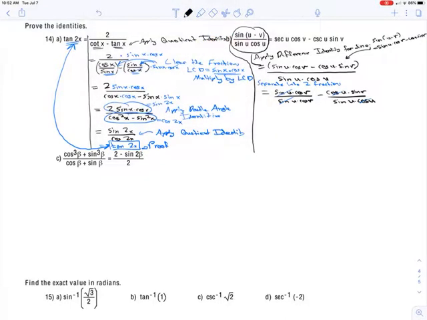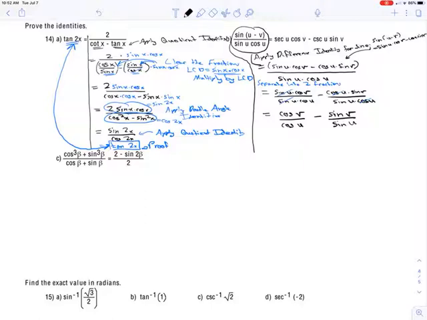And now what are we left with? We're left with cosine v divided by what? Cosine of u. Be careful with that, that's a u here. So we're left with cosine of u in the denominator, minus, and here we're left with a sine of v in the numerator divided by the sine of u. Keep in mind what we're trying to get to.